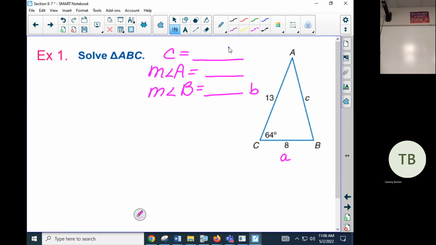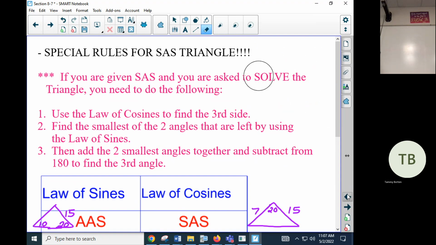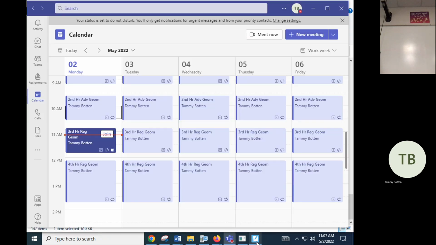Okay. So now this is side angle side, and you guys have these rules right here on your cheat sheet. So when you're doing something that requires law of sines, you're going to want to look at these rules. And what it tells us is to use the law of cosines to find our third side.